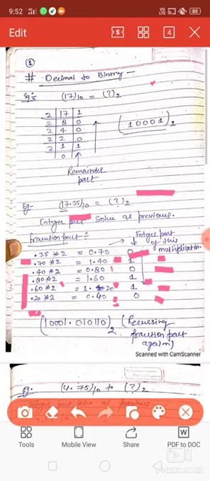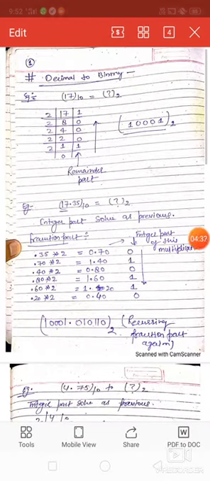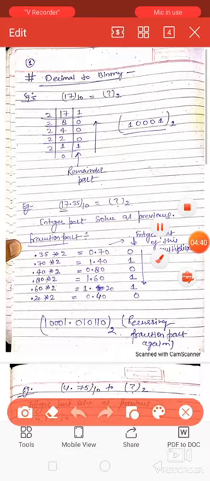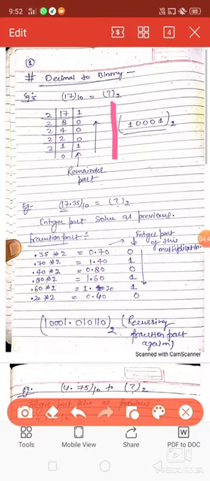Like in the previous question, we write it from bottom to top, but in the fraction part we write it from top to bottom. Whatever comes first we write first: 0, then 1, then 0, then 1, then 1, then 0.